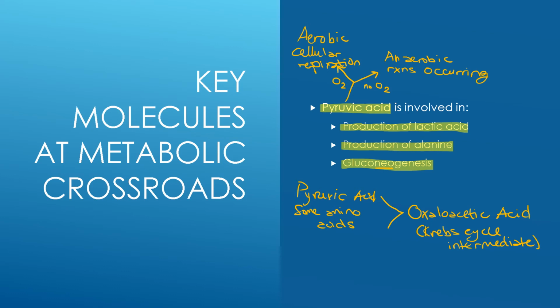And then this oxaloacetic acid can be turned into glucose 6-phosphate, which we know can be converted back into glucose as well, just as we learned in the previous slide, where we saw all the things that can happen with glucose 6-phosphate.